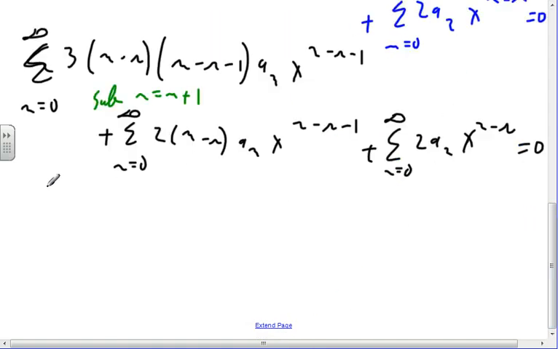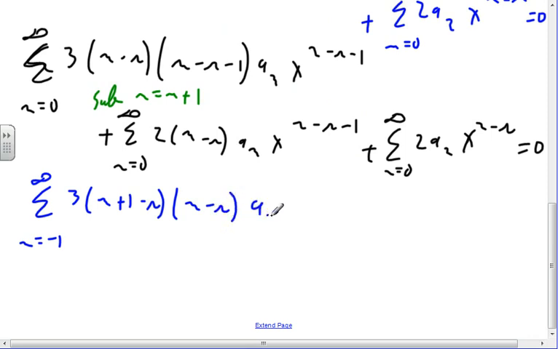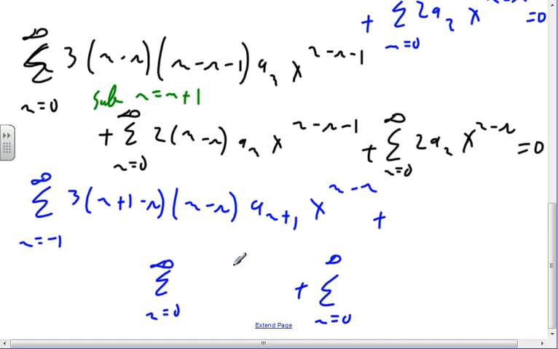Okay. When I get done, I'm going to have summation n equals minus 1 to infinity, 3, n plus 1 minus r, n minus r, an plus 1, x to the n minus r, plus summation n equals 0 to infinity, 2, n minus r, an x to the n minus r minus 1, 2a... what am I doing?